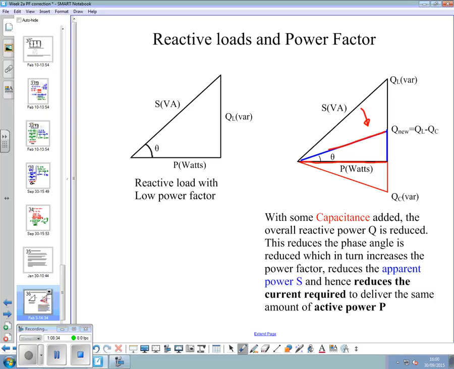What you'll see, at the company I used to work for, they have what's called automated power factor correction installed. A controlled set of capacitors switch in and out as the load changes. It senses a change in power factor and switches capacitors in and out to maintain it at a given level.